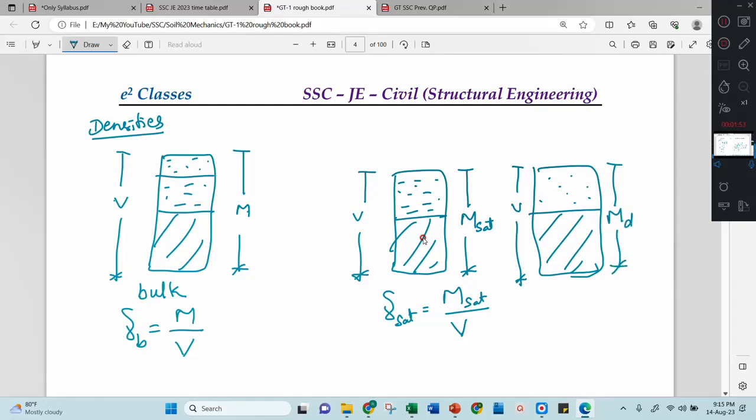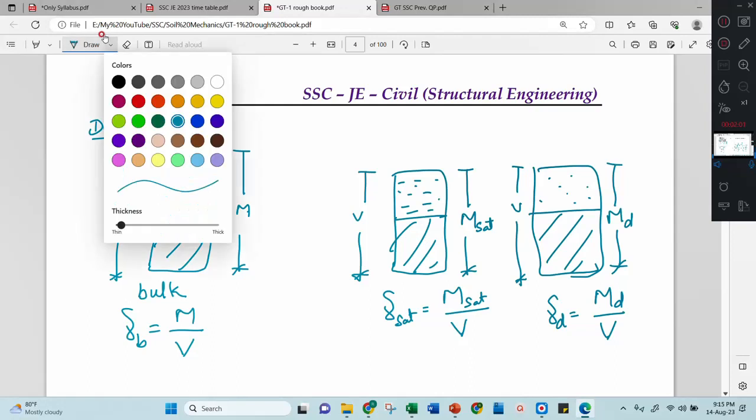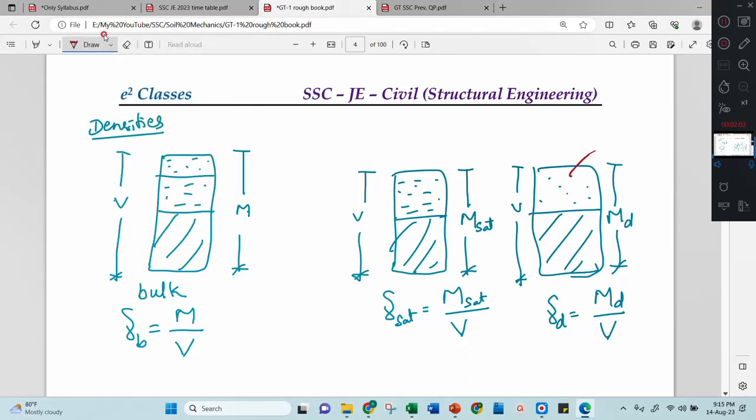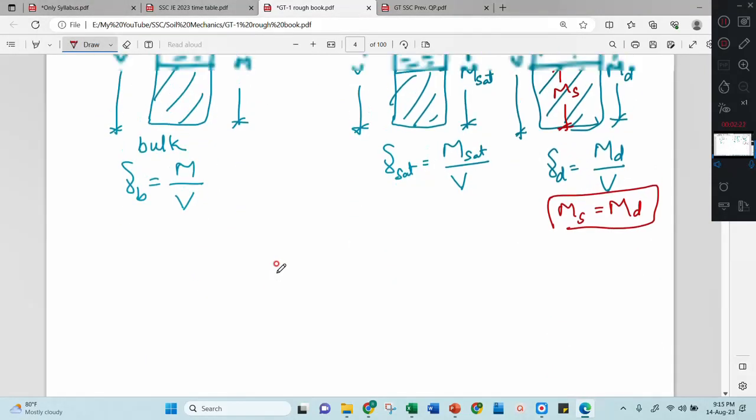Therefore gamma d is nothing but dry mass divided by total volume. Now very interestingly, here the mass of air is 0, and this one is the mass of solids. Therefore I can write mass of solids is nothing but dry mass. Remember this one, right? Dry mass and mass of solids are both the same.